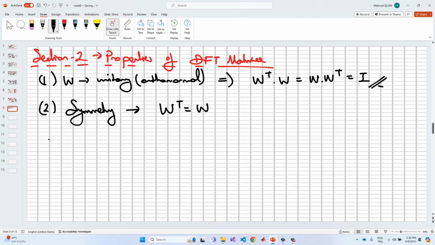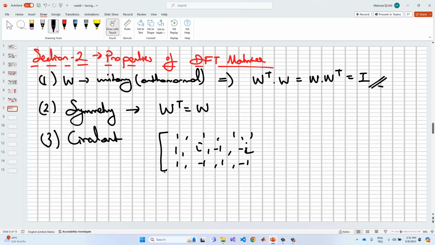Okay. The third property is the circulant form, which means that we have the matrix in here, just like this one: 1, 1, 1, 1, and 1, i, minus 1, minus i, and 1, minus 1, 1, minus 1, and 1, minus i, minus 1, i.